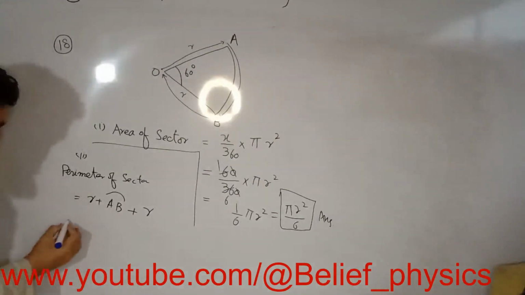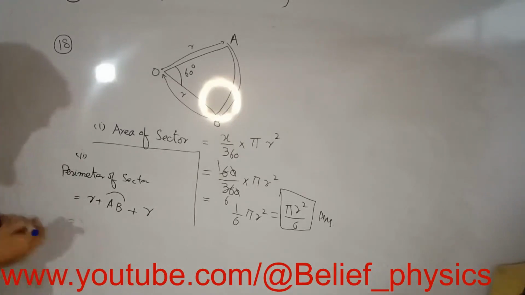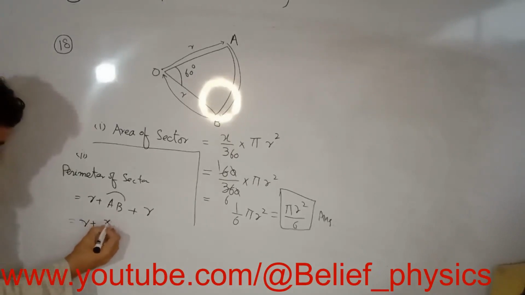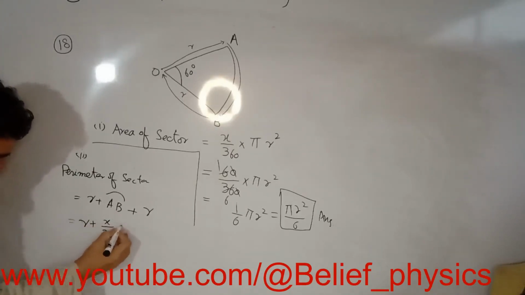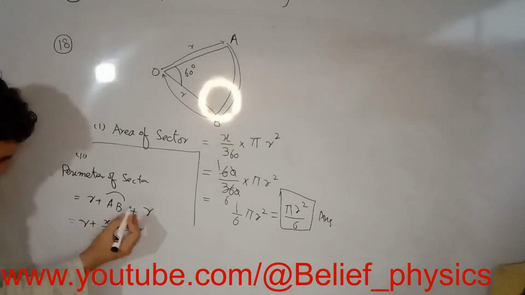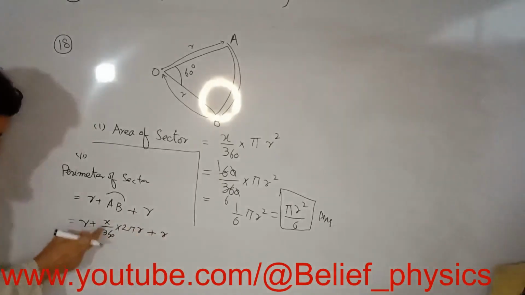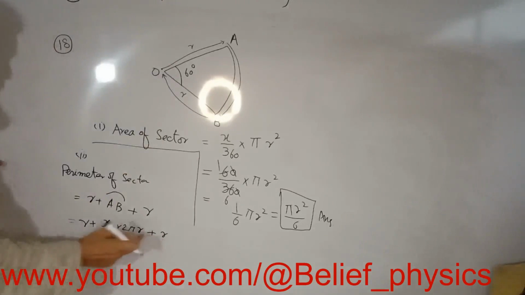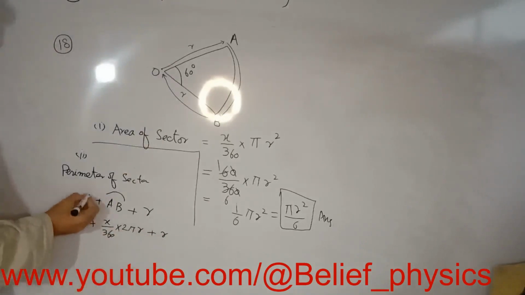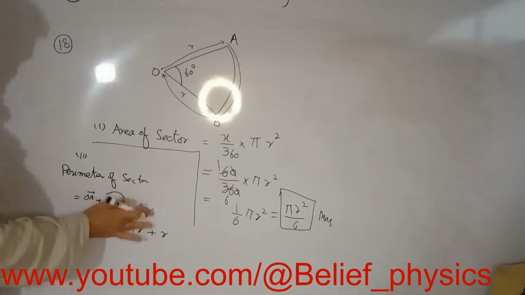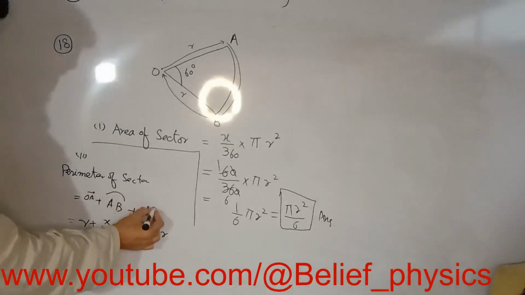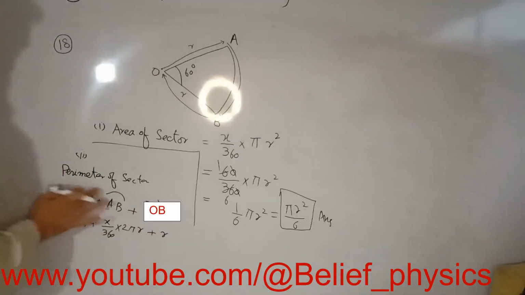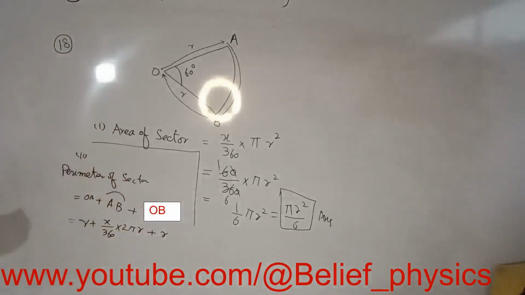The formula for arc length is x over 360 times 2 pi r. So the arc length AB is x over 360 times 2 pi r. This is the OA radius and this is the OB radius. You can write it here, OA plus AB, and then put the values of OA and OB as R. This is not a vector, just lengths.